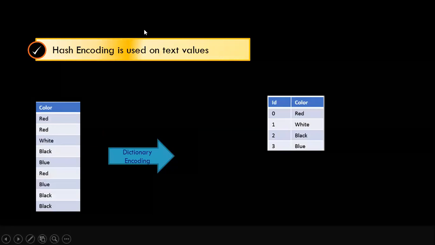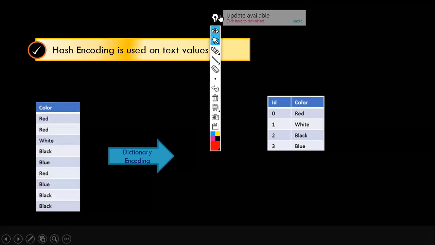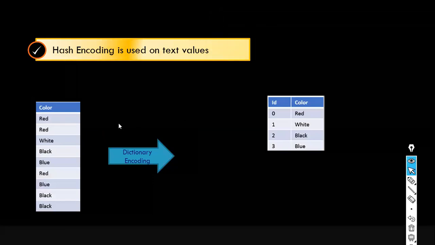In the case of import mode, the xVelocity engine builds a dictionary something like this. In this dictionary, it takes the unique values of your color column: red, white, black, blue.